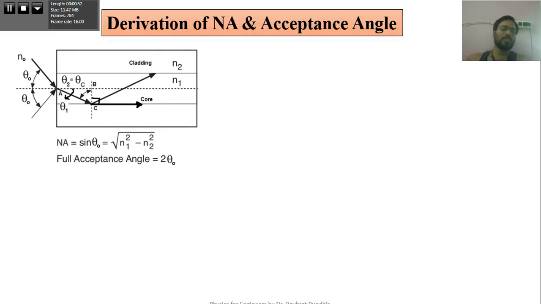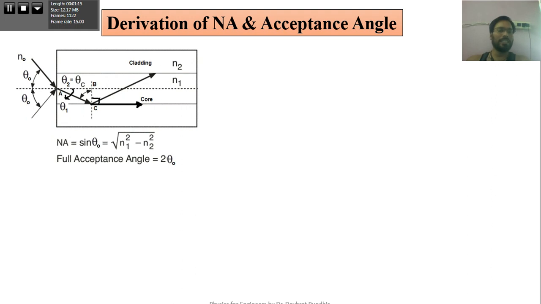Okay, so I'm just considering this geometry. What cladding and core are, I already explained in the last lecture. Here I am considering an optical fiber in which the refractive indices of core and cladding are n1 and n2, and n0 is the refractive index of air, which is outside the fiber.